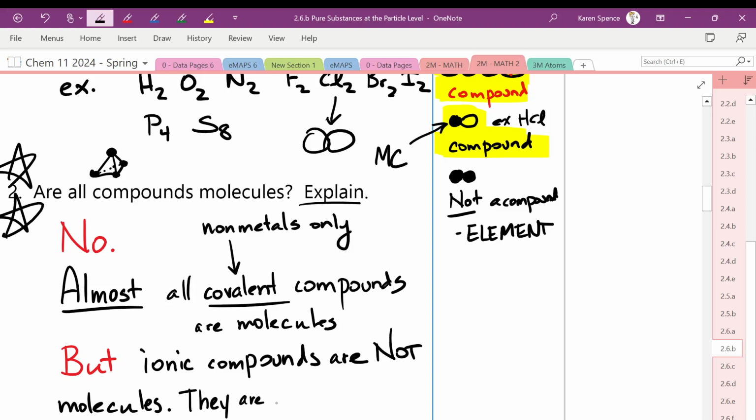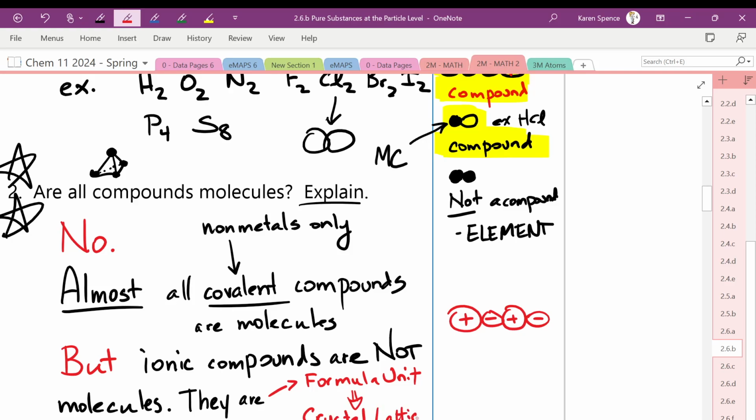What form do they take? Formula unit? And if you put a bunch of those together, you get a crystal lattice.